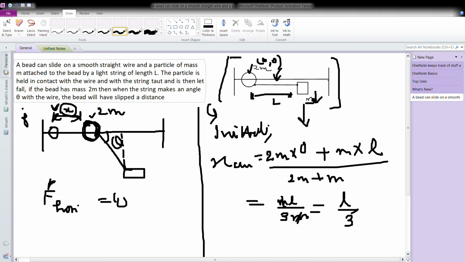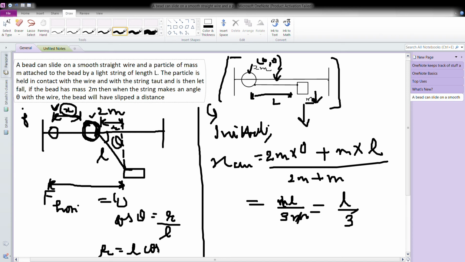It has made a displacement from this to this, and we can solve this distance as well. We know that cos theta is nothing but the base, let's say r, divided by the hypotenuse, and this is L. So we have got this distance r as L cos theta.